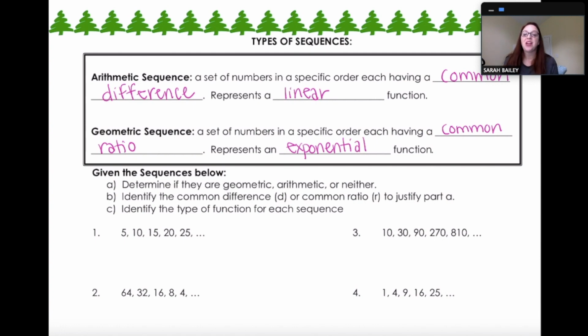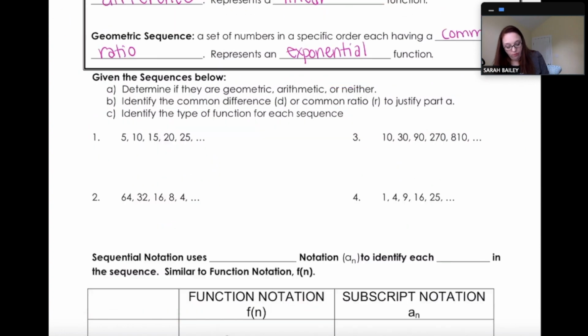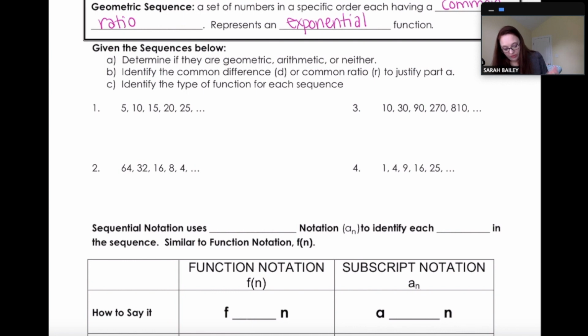Okay, so now I'm going to have you do this next section right here, 1, 2, 3, and 4. It says, given the sequences below, first, tell me, are they geometric, arithmetic, or neither? Then, identify the common difference, which we denote with a D, or the common ratio, denoted with an R, to justify part A. So if you say it is geometric, then you're going to give me a common ratio.